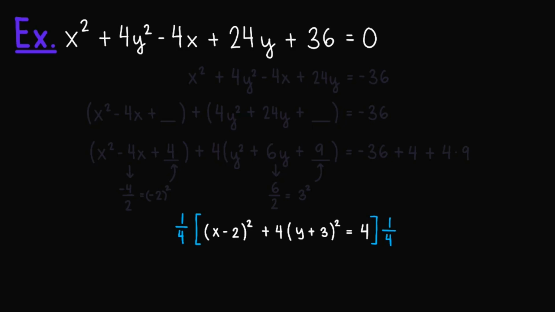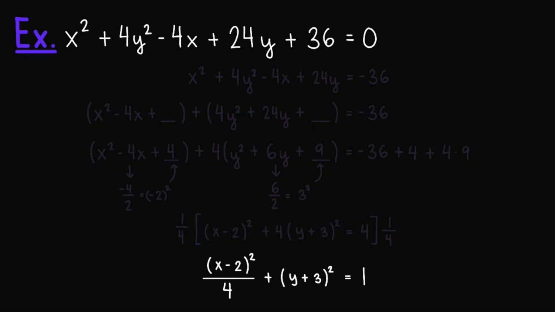That would give us (x minus 2) squared over 4 plus (y plus 3) squared equals 1. And notice that this is already the final answer, since this is already in its ellipse form equation. So that completes our solution for this example.